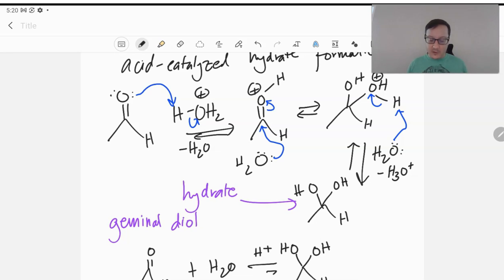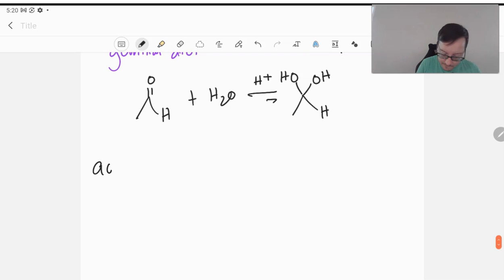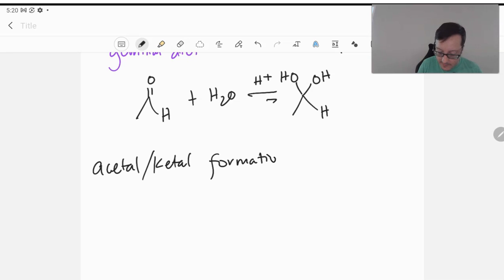We're going to see all these are equilibrium, so typically geminal diols will revert back to a carbonyl. So just be aware of that possibility. If we look at acetal or ketal formation, we can consider the mechanism for that as well. This is also an acid-catalyzed process.